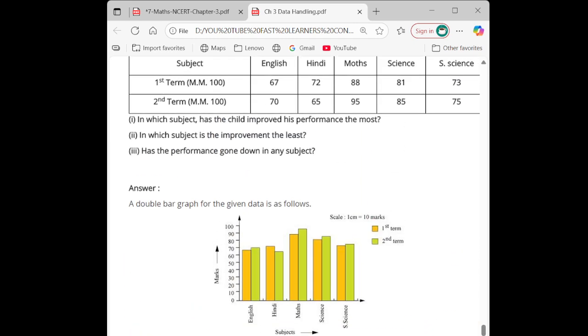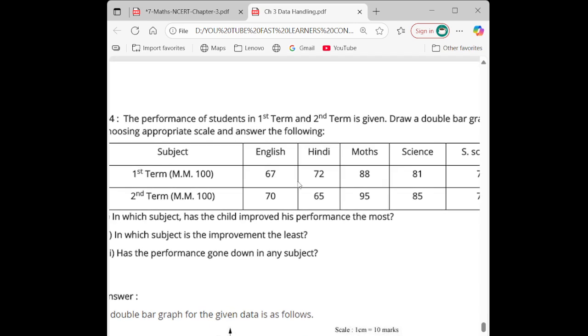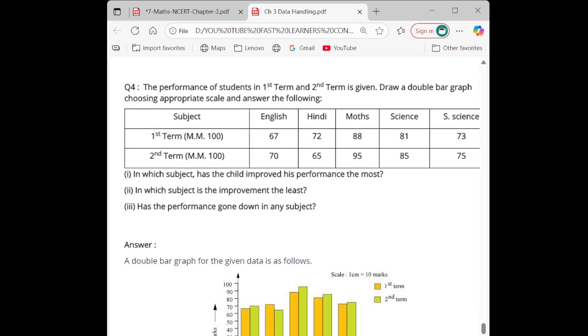The only thing that you need to learn is that when you have to draw a double bar graph here in the fourth question. So given the data for the first term and second term marks, and in which subject has the child improved the performance the most. First you have to draw the double bar graph. So on x-axis you can take this way the number of subjects, write these subjects and draw an arrow here. Here marks, draw an arrow, and then plot. For example, in English we got 67, so put 67 here.